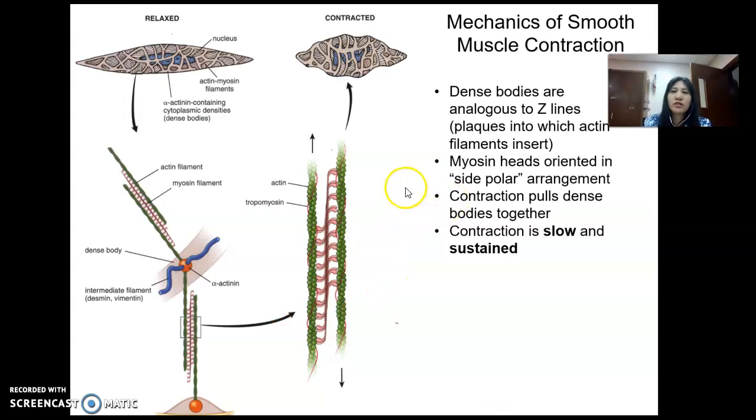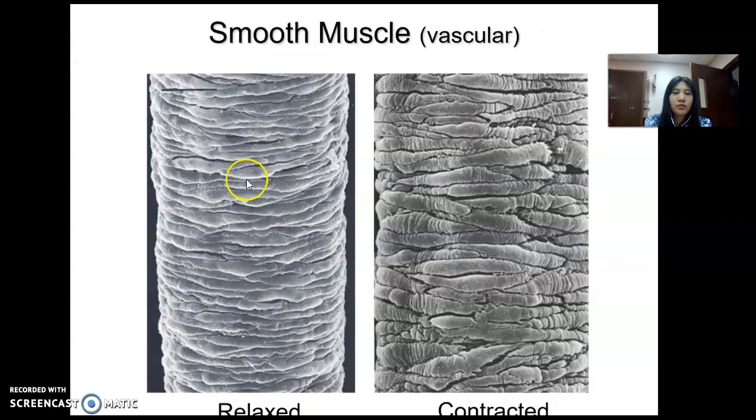So smooth muscle contraction. This is the contracted image of the smooth muscle, while if it's in relaxed stage, this is the image, right? The actin myosin filaments you can see here. Smooth muscles are relaxed in this part in the left side, while in the right side it is contracted. See the difference?